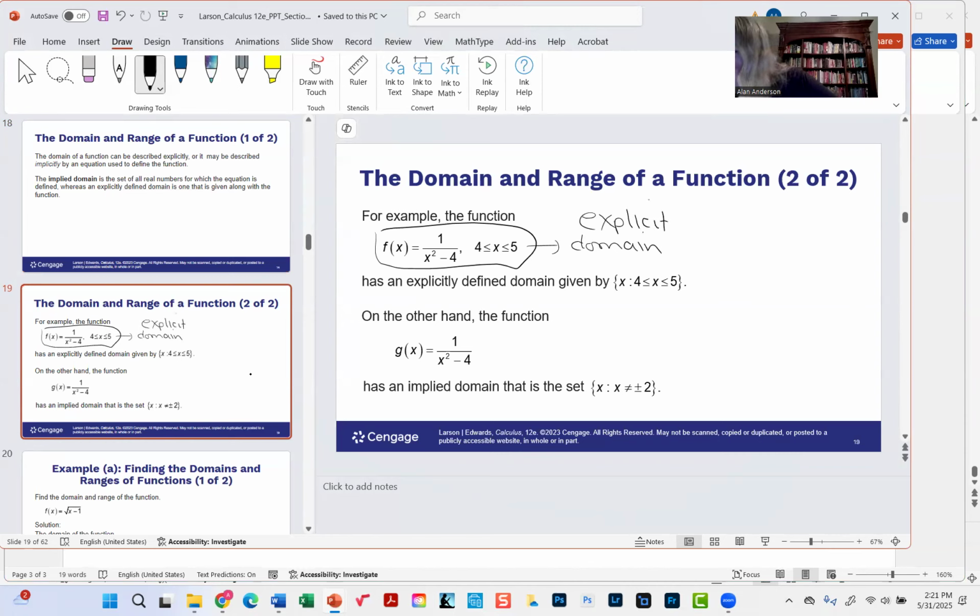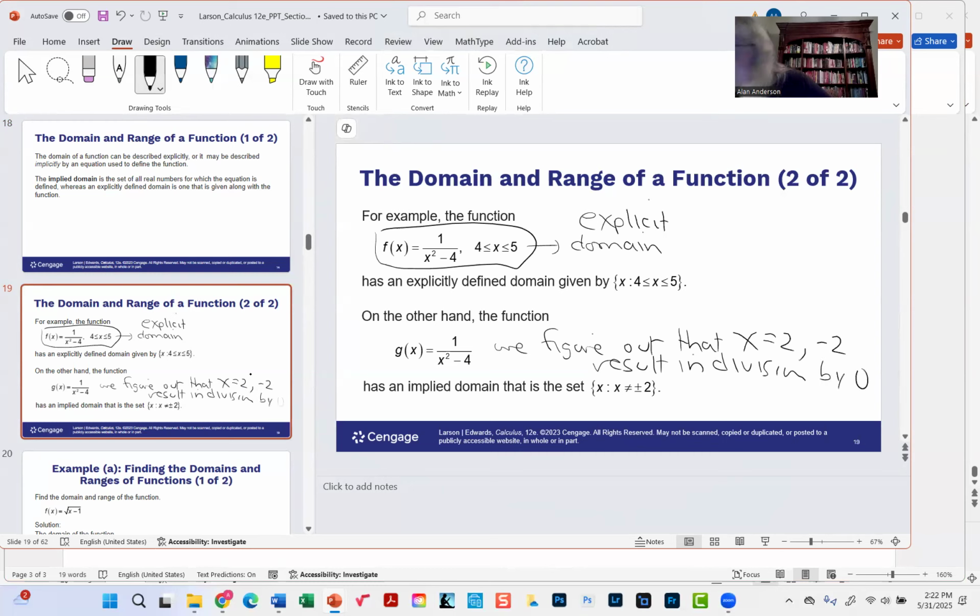Whereas here we had to figure out for ourselves that x equals 2 or negative 2 result in division by 0, which means they can't be part of the domain.